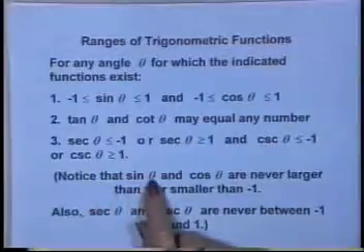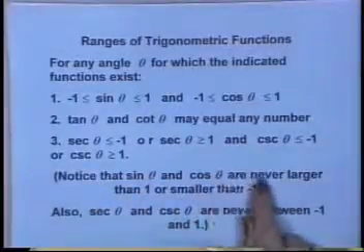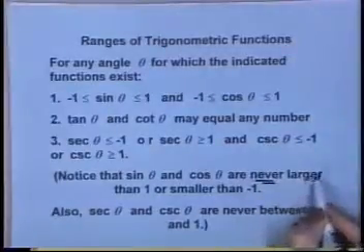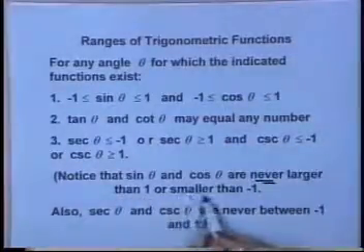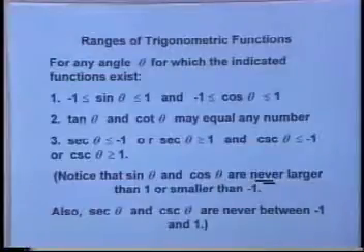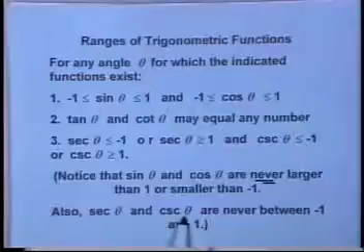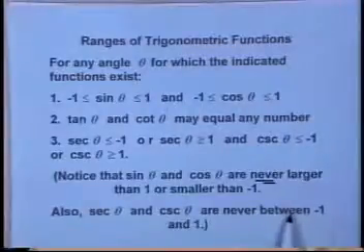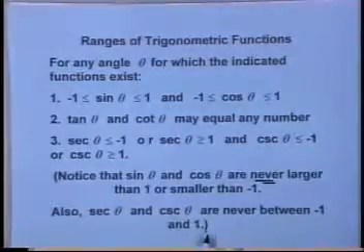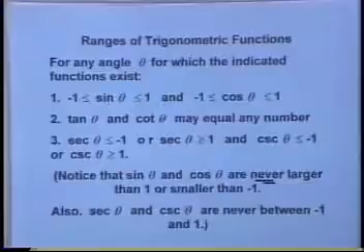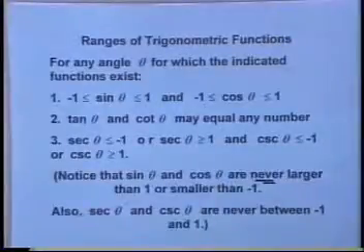Notice that sine theta and cosine theta are never larger than 1 or smaller than negative 1. Also, secant theta and cosecant theta are never between negative 1 and 1. Be sure that you know the ranges of these functions. Know what numbers they can equal and what numbers they do not equal.